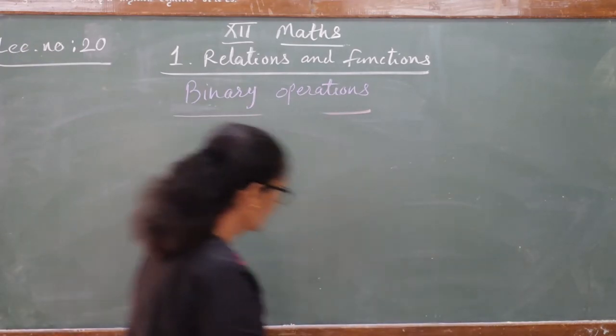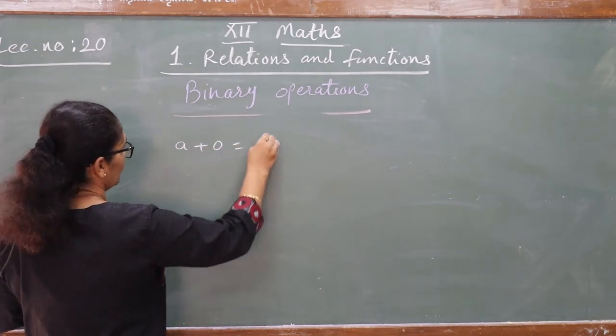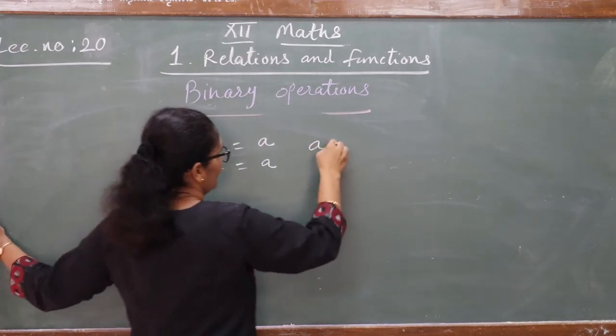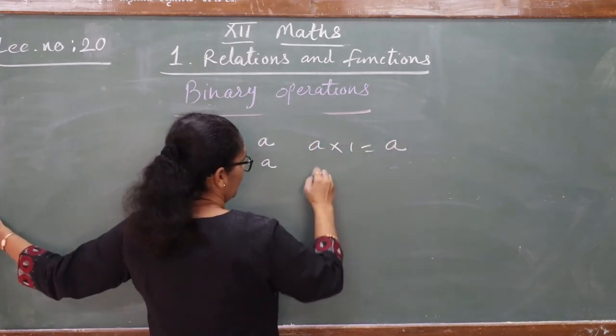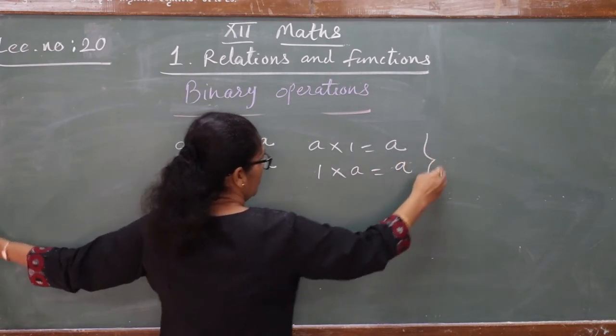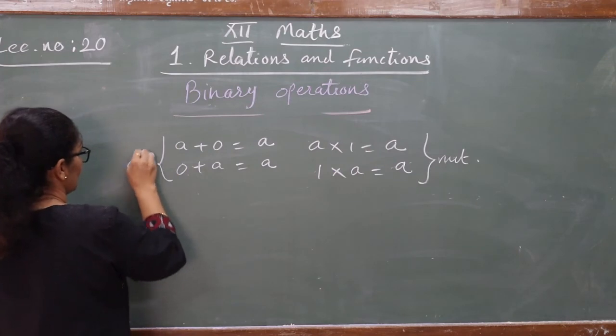Addition and multiplication, we know that if we add 0 to any number, we get the same number. Similarly, if we multiply any number by 1, then you get the same number.